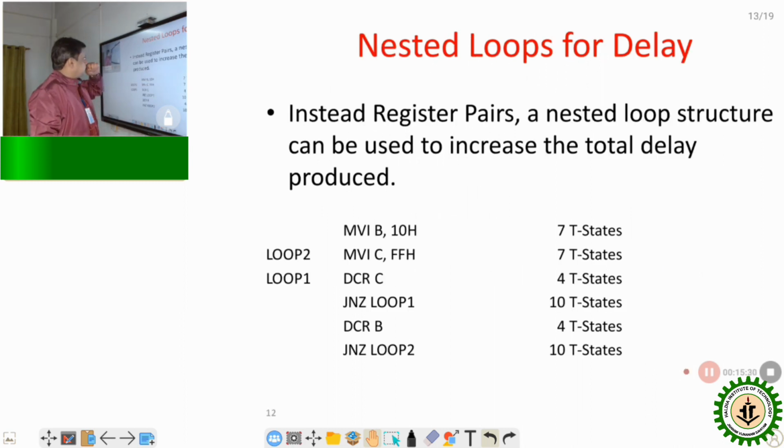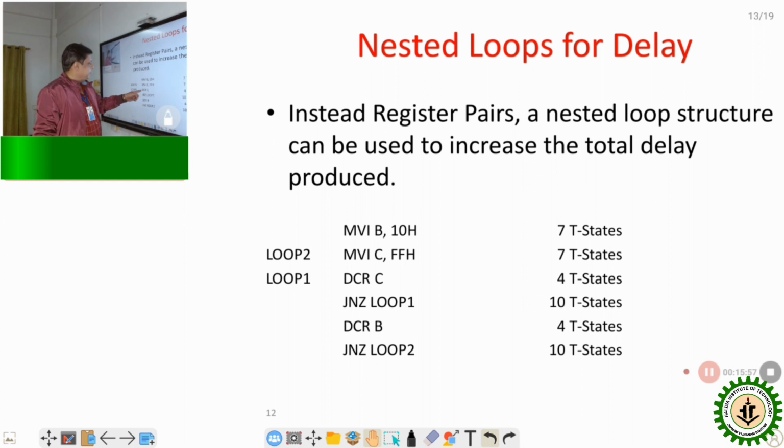Now, here is a very simple example of this. I have taken the first loop count in register B, an 8-bit count. Let us start with 8-bit count, which is 10H, that is 16. Then we have taken another register C, which is having FF, that is 255, the maximum possible number.